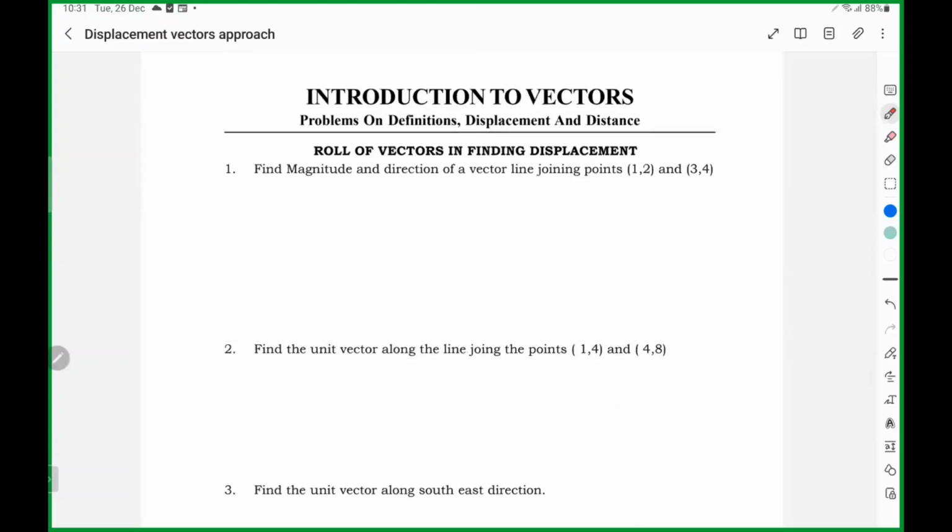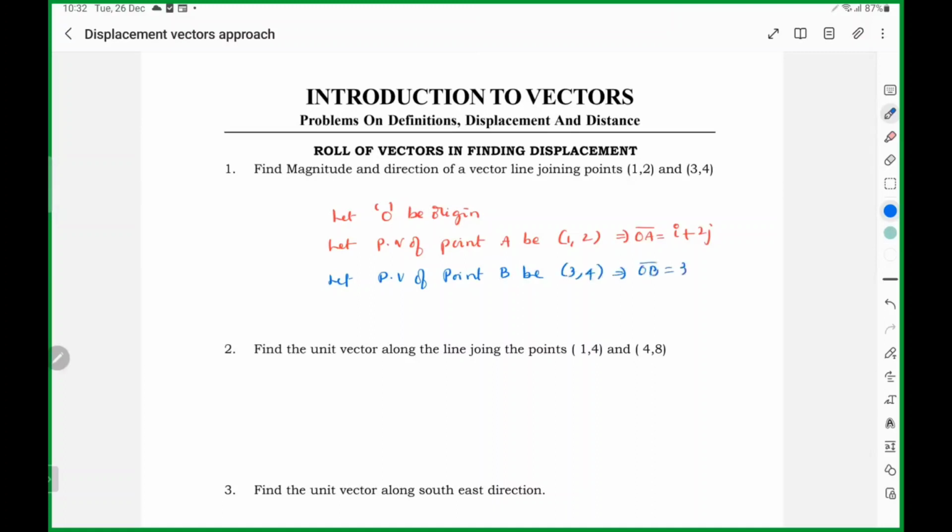Here, find the magnitude and direction of the vector. Let O be the origin, and let the position vector of point A be (1, 2). I can write OA as i plus 2j. Let the position vector of point B be (3, 4); OB bar I can write as 3i plus 4j.